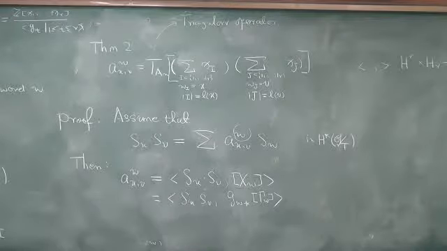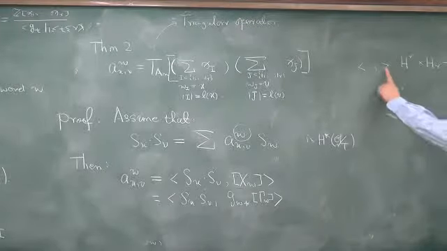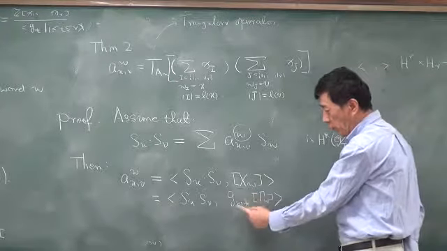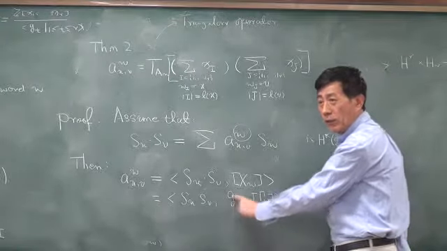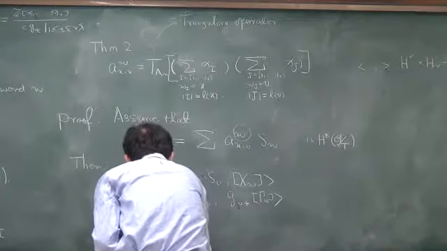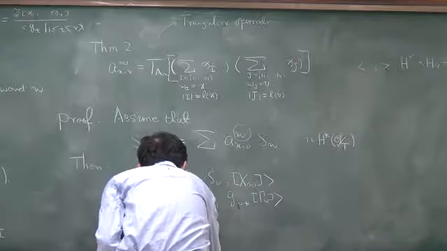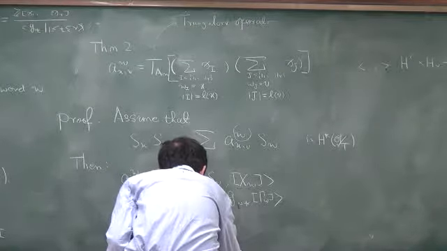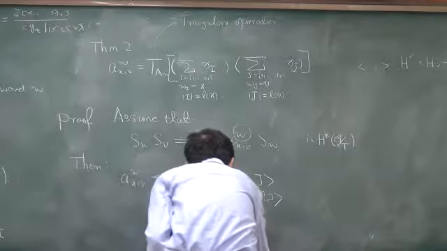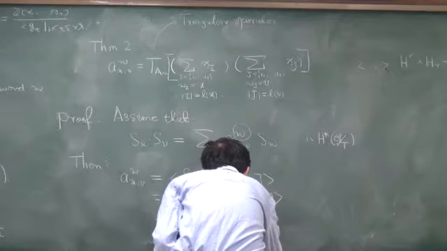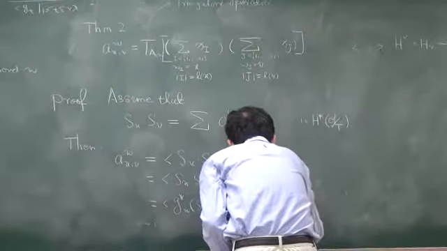A functorial property of the Kronecker pairing is that you can move this map in front, change to the induced map, and evaluate.